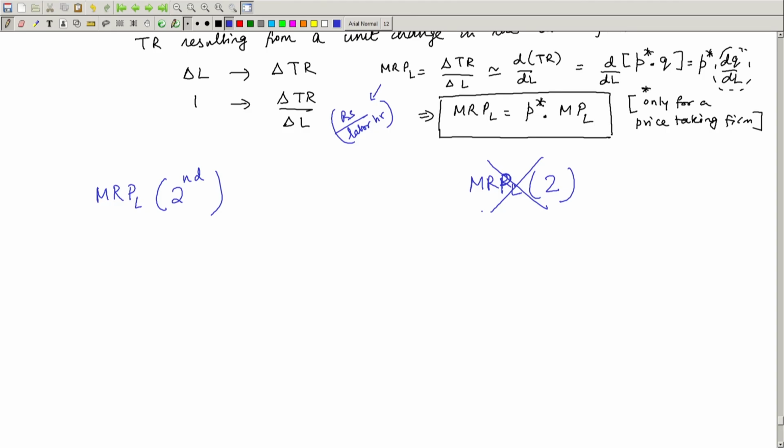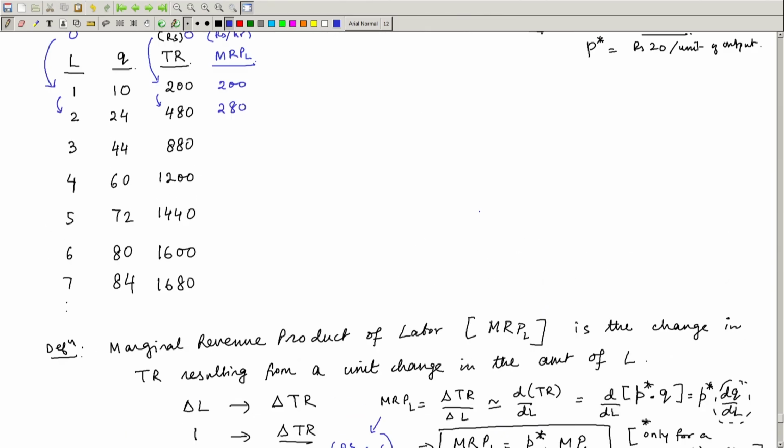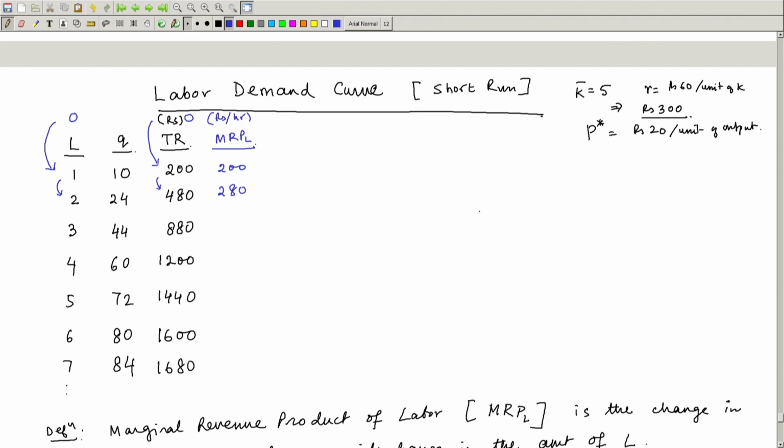If it is 2 labor units, which of the 2 specific labor units are you talking about? Here I am specifically interested in the second labor hour. So, the second labor hour has contributed 280 extra rupees to the firm, because when the firm had only 1 labor hour, the revenue was 200. With 2 labor hours, the revenue is 480. So, the revenue has increased by 280. So, the change in revenue is 280.